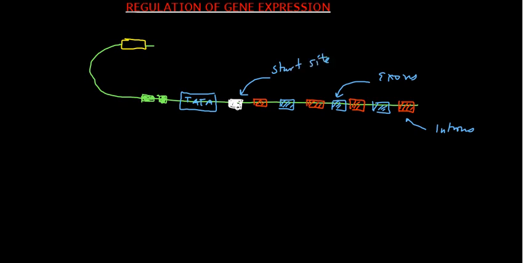And then we have the TATA here, which is also called the core promoter. So these two together give us what is called the promoter. That means they work together. We are going to see the function. And then we have an enhancer here.